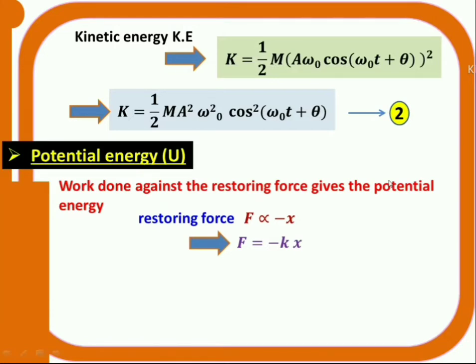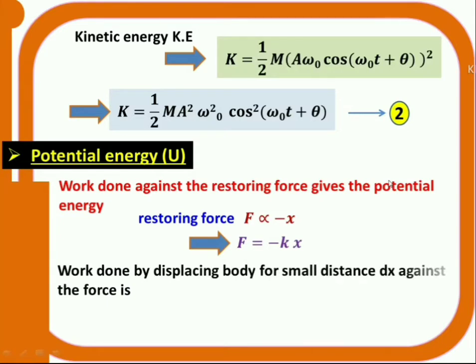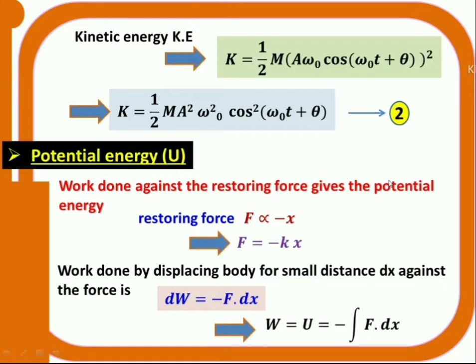Now the work done by the body in displacing a small distance dx is given by dW is equal to F into dx, where dx is the displacement and F is the force. So work done dW is equal to minus F into dx. If I integrate both sides, I will get the total work done, that is given by potential energy.